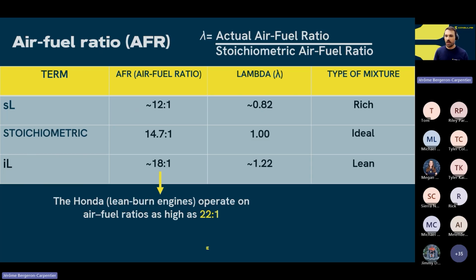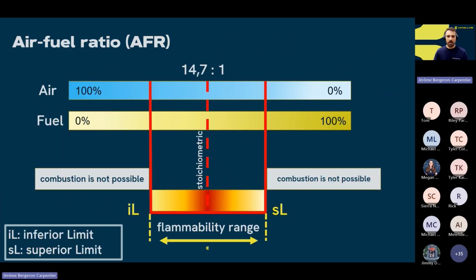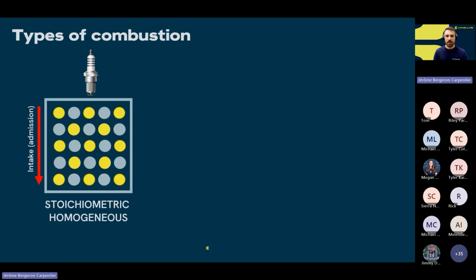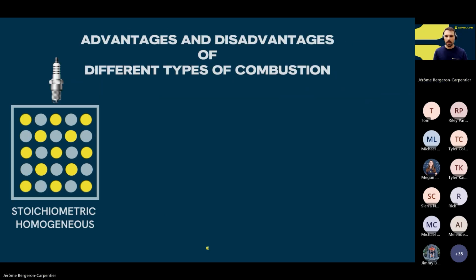The rest of the operation is going to stay the same, and we're going to be in those stoichiometric conditions, or within the flammability range that we see in this diagram. The only moment that we go under the limit is when the charge on the engine is lower. But the rest of it is all about the strategy to get more power and more efficiency out of our engine.